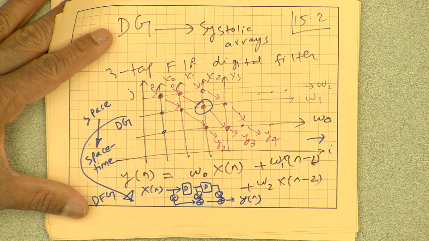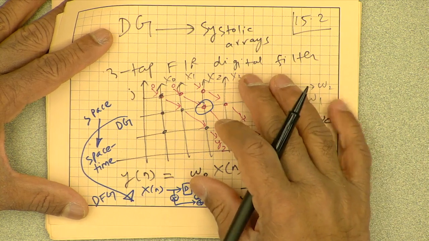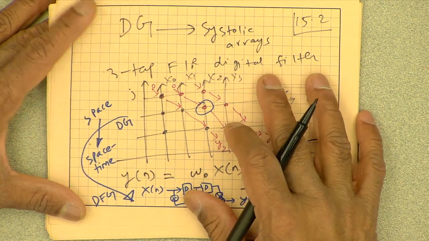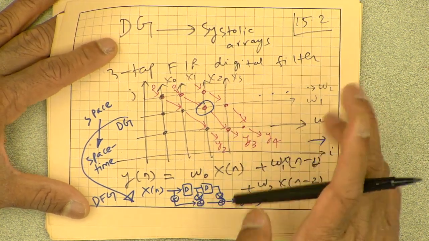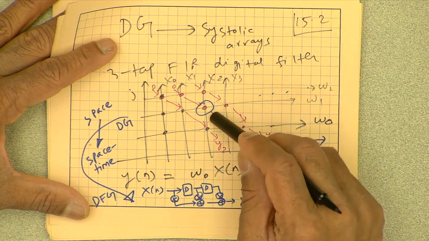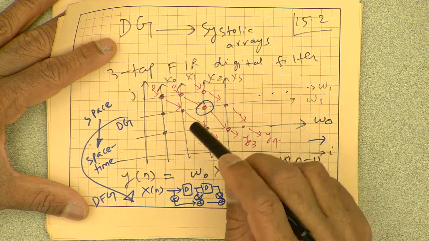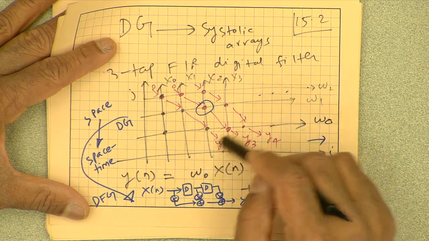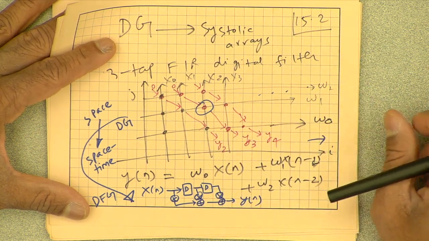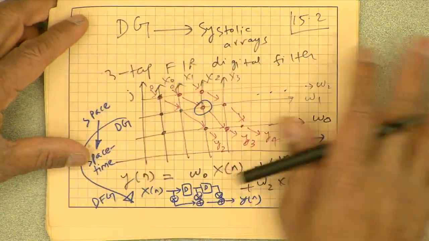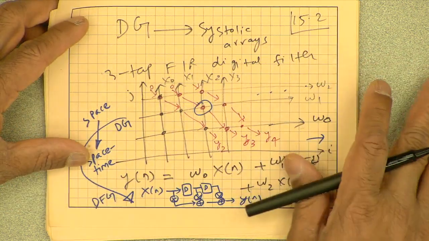This is called a space representation because we have not assigned any computation of the node to any processing element, nor have we assigned a time at which each node will be computed. That's why it's called space representation, because there is no time involved.